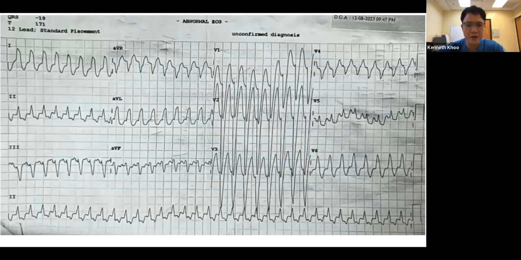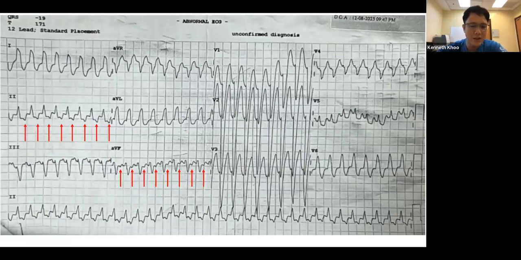So this is the initial 12-lead ECG that demonstrates the SVT. I'd like to spend a couple of minutes describing this ECG. It is a broad complex regular tachycardia with what I would call a classical left bundle branch block morphology. There are no obvious sinus P waves seen in these 12 leads. However, we can see inverted P waves over the inferior leads.